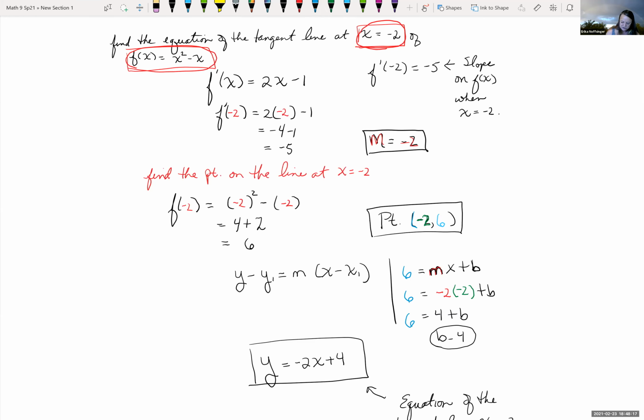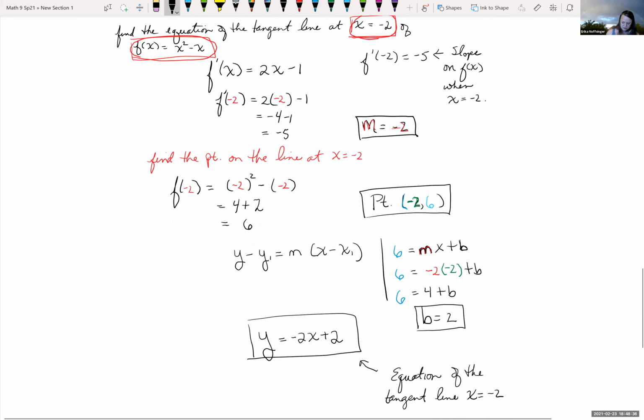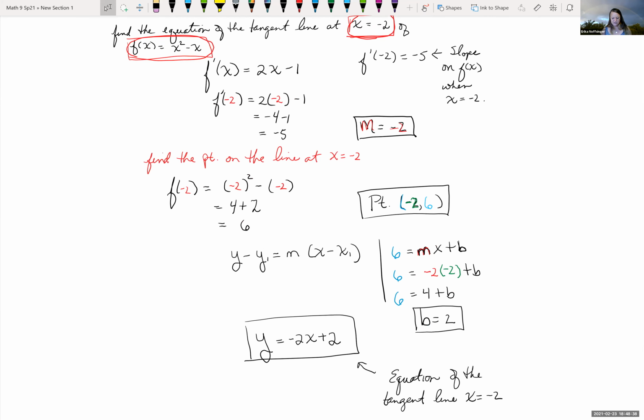And so really what should have been subtracting 4 on both sides, 6 minus 4 is 2. So my b value is 2. Let's go back in and rewrite this 4 with a 2. So that's the equation of the tangent line at x equals -2 on f of x.